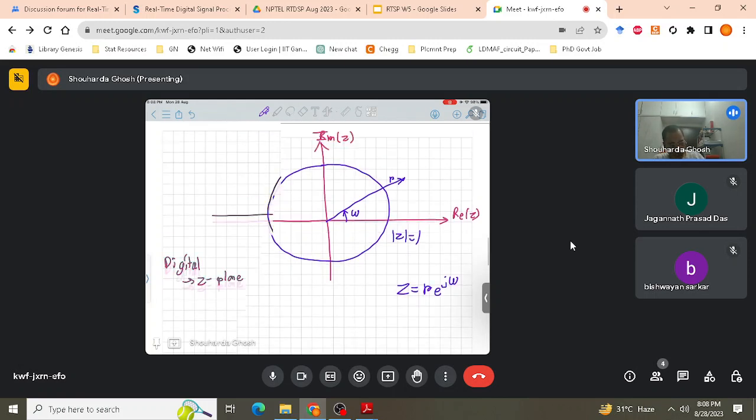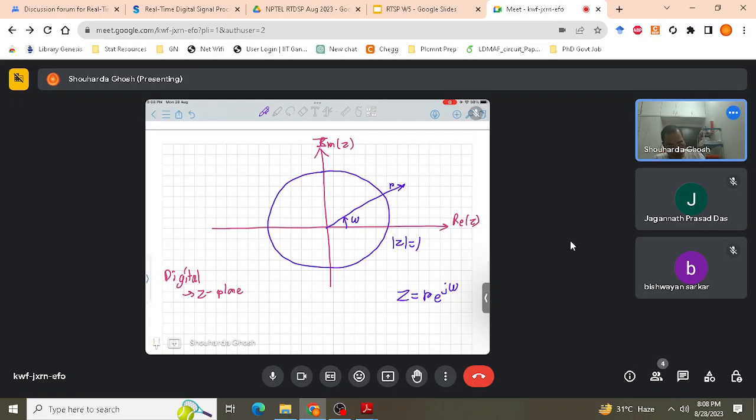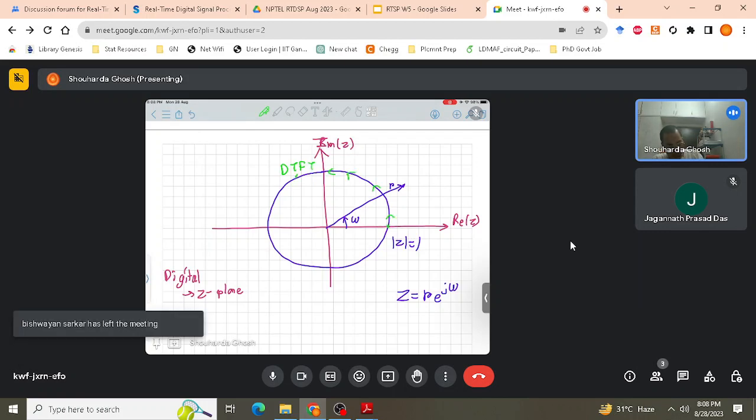Okay, so now when we talk about DTFT over here, DTFT means traversing around this entire unit circle.